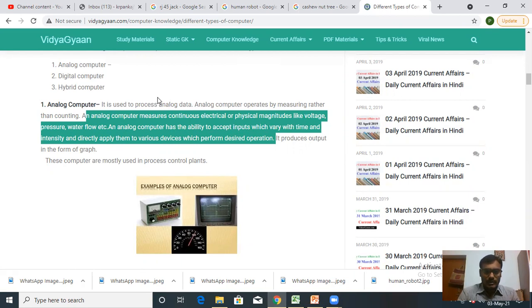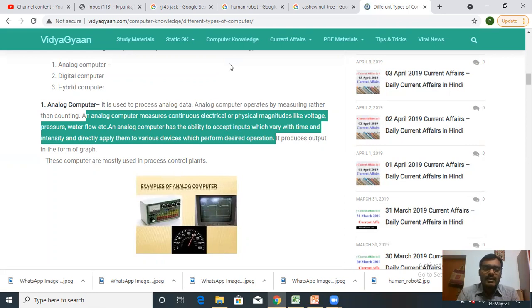Suppose you are in a hospital, okay, and your heartbeat is measured with the help of an ECG machine. It records your continuous heartbeat and generates the result.